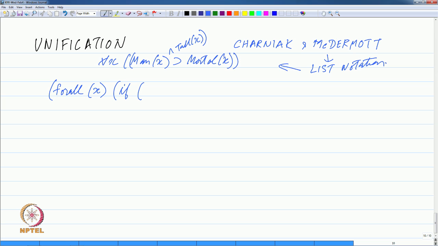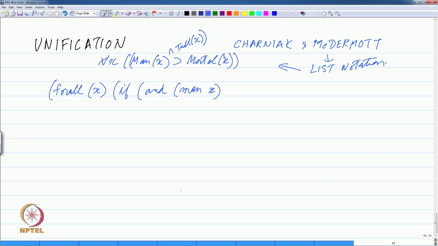So, now I have to put the antecedent of the implication. The antecedent is a conjunct. So, I first start by writing the connective, then my first argument to AND is man x, which I also write in list notation.